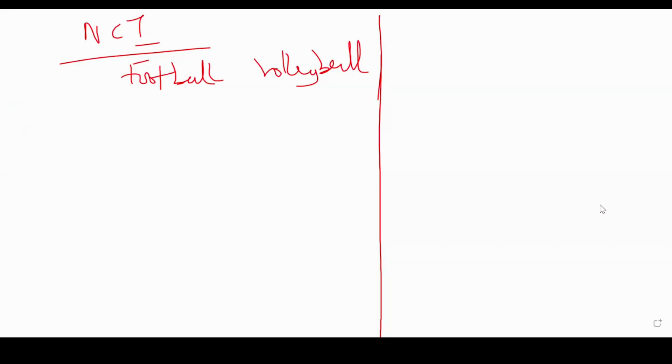Go. All right, well, let's go to 590. Football is 590. Thank you. Volleyball is 322.